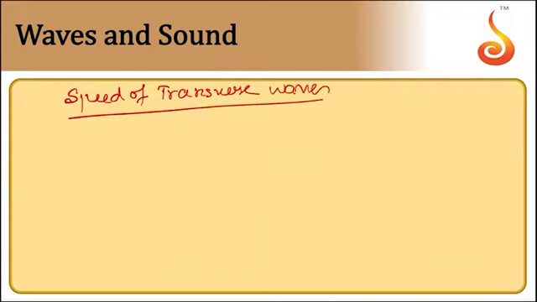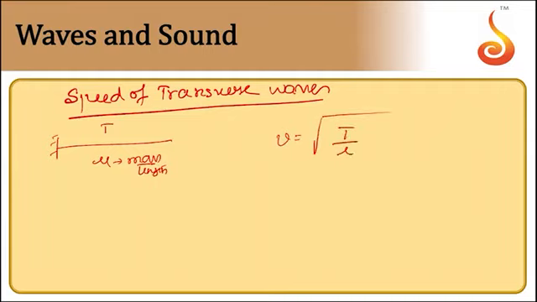Suppose I consider a wave which is traveling along a string and assume that the tension in the string is T and mu is the mass per unit length. Then the wave velocity, or say speed of the transverse wave, is given by square root of T divided by mu. So V is equal to square root of T divided by mu, where T is the tension in the string and mu is the mass per unit length.